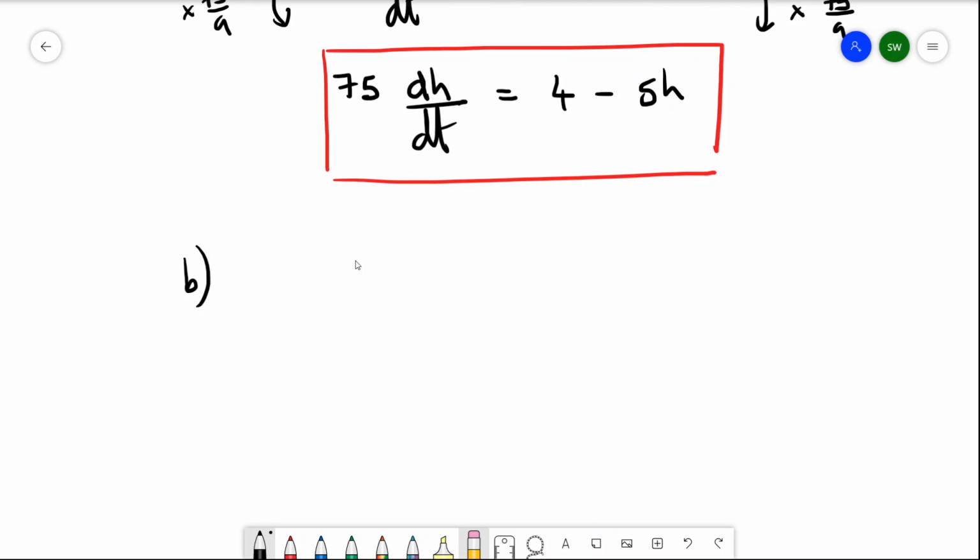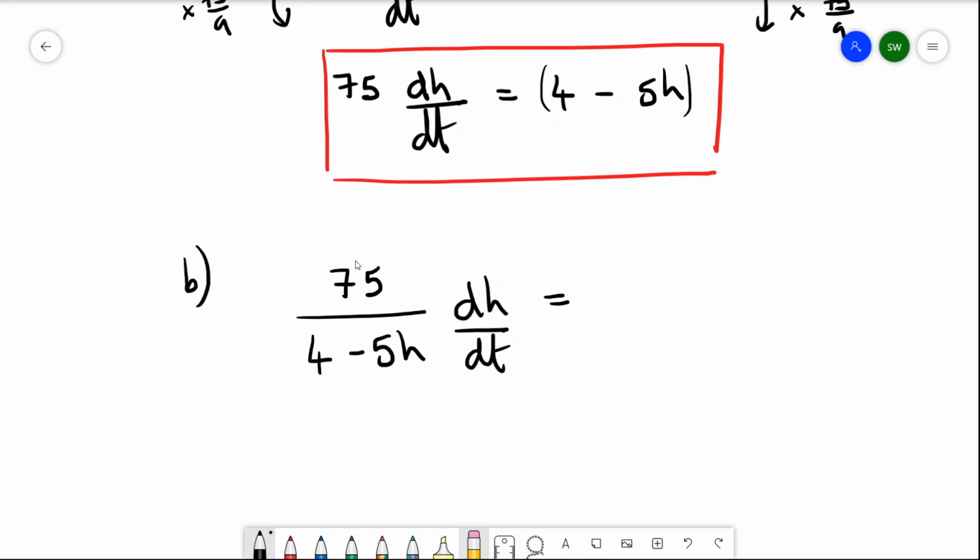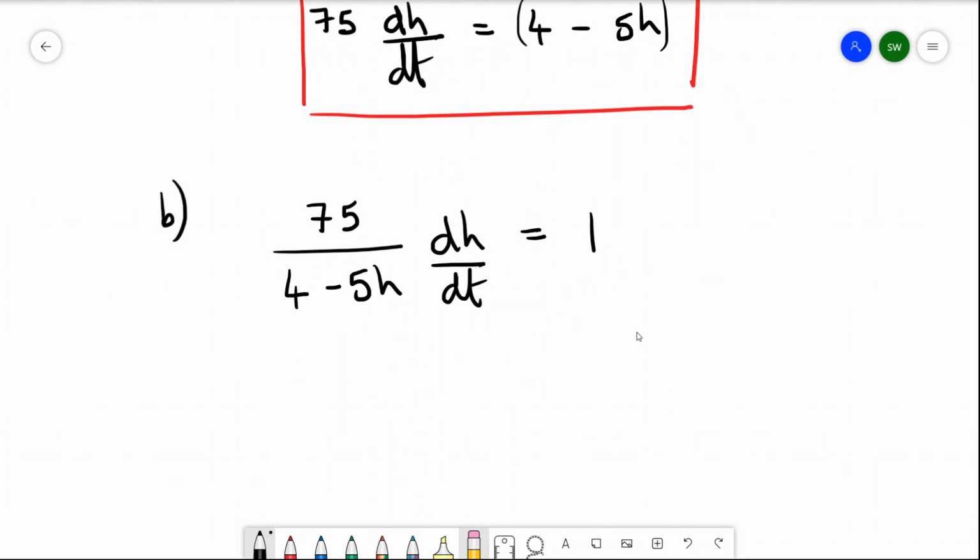So I'm going to get all the h's on the left hand side. So I'm going to divide both sides by 4 minus 5h. So on the left hand side I'm going to have 75 divided by 4 minus 5h dh, and on the right hand side we'll have 1, and then I'm going to times by dt.